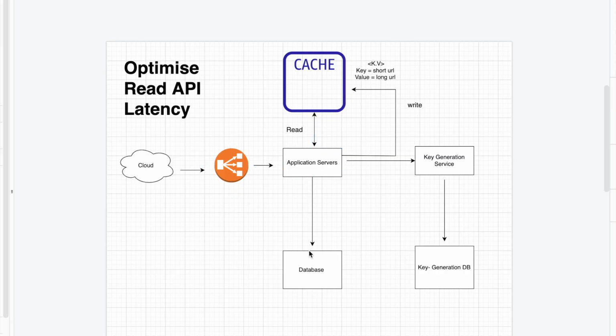If not, you do the database call, and in an async thread you update the cache as well, so that for subsequent calls you get the data from the cache. So eventually, in every read call, you are not hitting the DB servers. Overall, you are optimizing your read API latency.